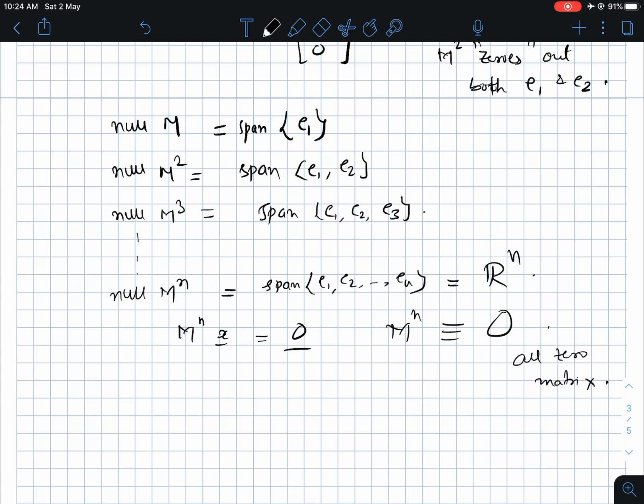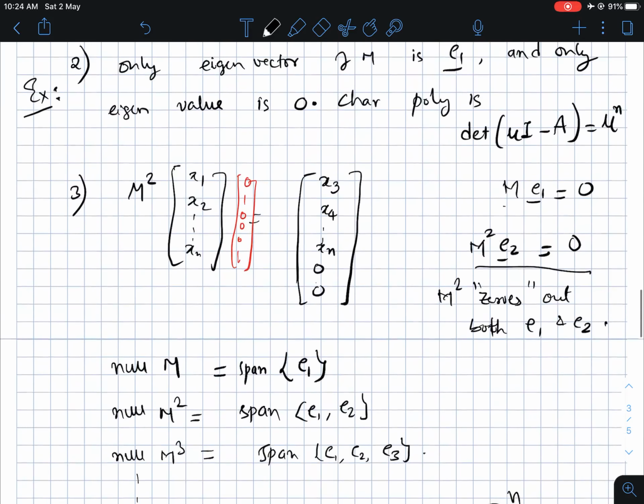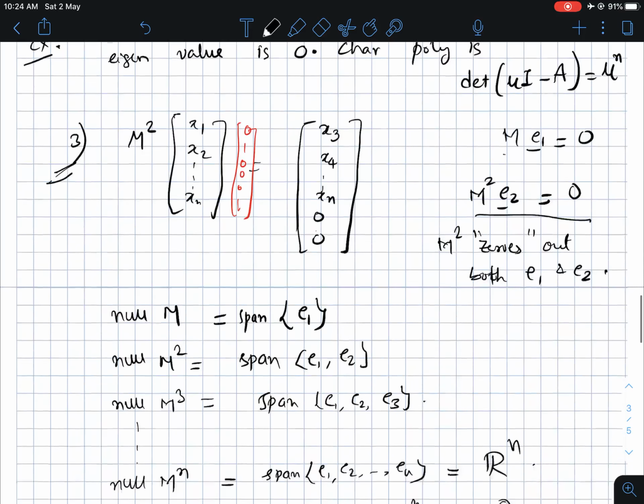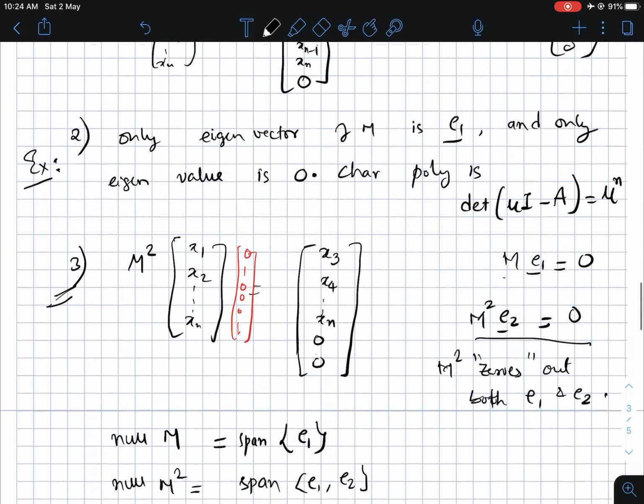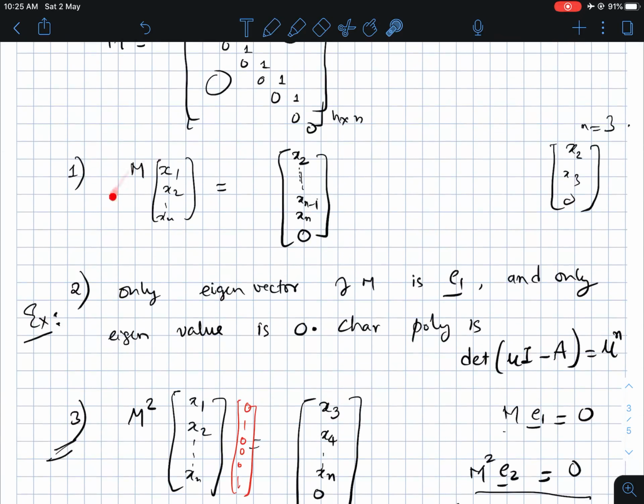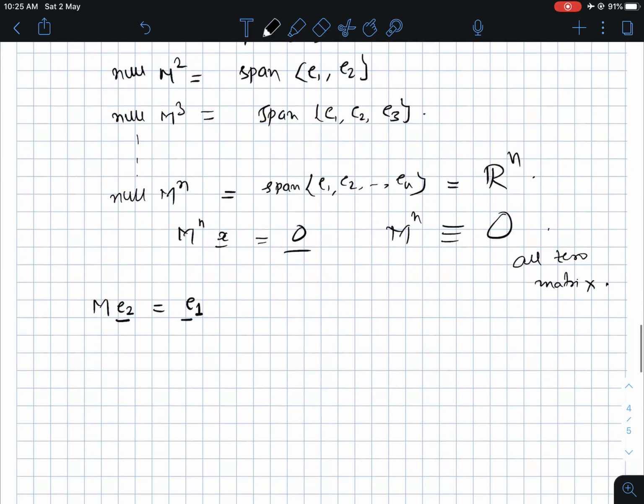This property sometimes is also written slightly differently. Basically, whatever we discussed here, this third property is something new that I'm adding compared to the previous part. If you see, m times e2 is going to be e1, correct? Because of the shift operation, when you have e2 on the left side, by shifting you end up with e1 on the right side. So m of e2 equals e1 and m of e1 is equal to 0.